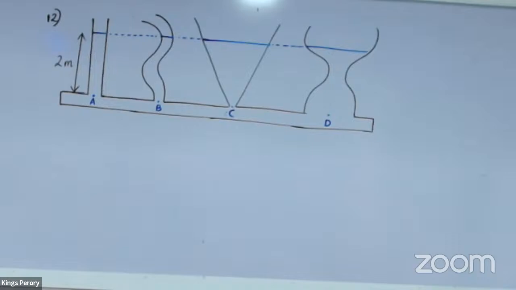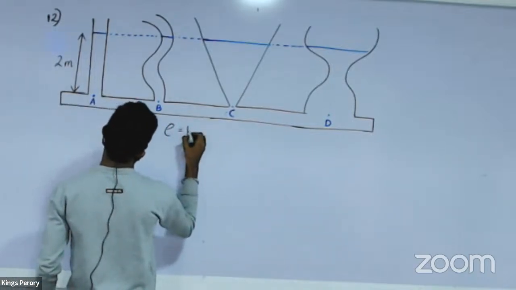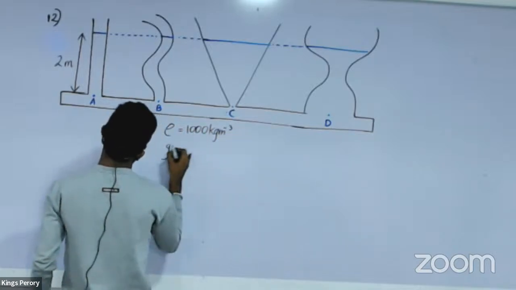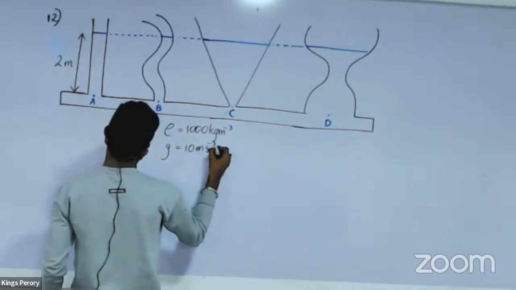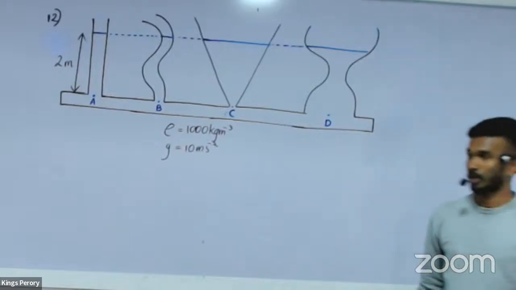Gravitational acceleration: 10 m s to the power minus 2.